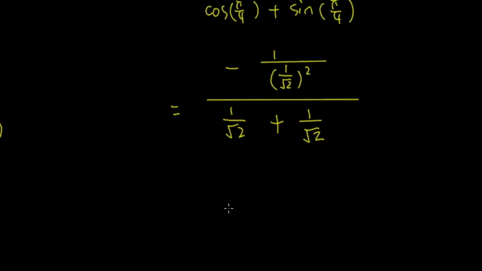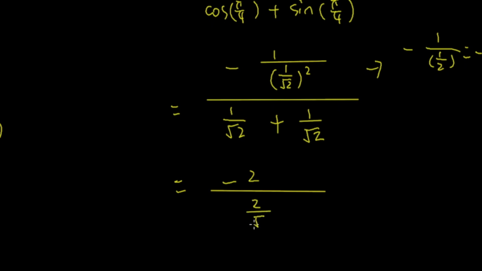Okay, now here, this square is 1 over 2, right? So over here, that's the same as negative 2. Okay, so the top is negative 2. Now divide by, if we add this together, 2 over square root of 2.